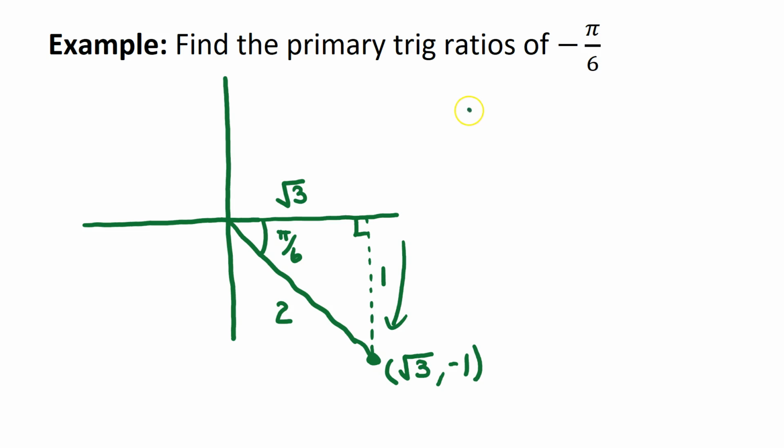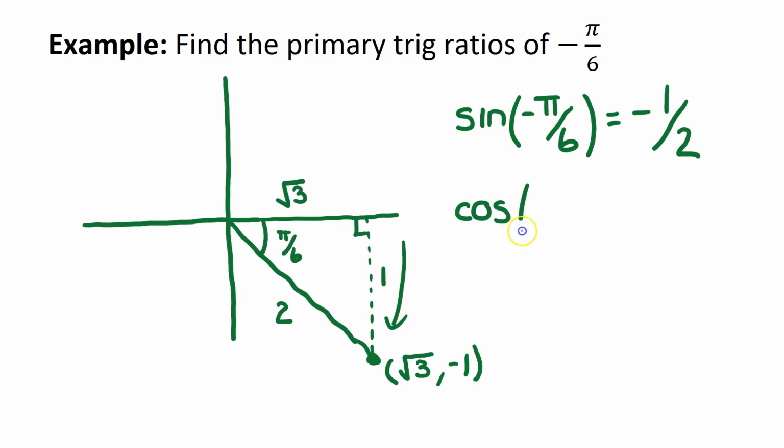So therefore, sine of negative pi over 6 is going to equal the opposite, which is negative 1, over the hypotenuse, which is always positive, the radius, which is 2.